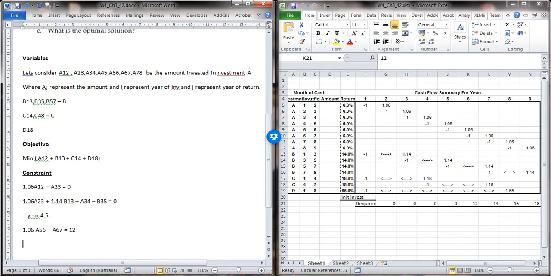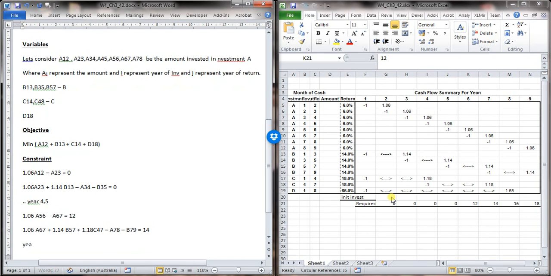Similarly, if you do for year 7, it would be 1.06 A67 plus 1.14 B57 plus 1.18 C47 minus A78 minus B79 should be equal to 14.